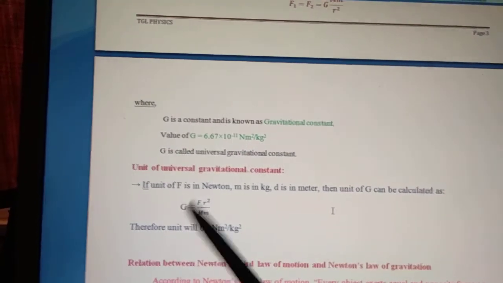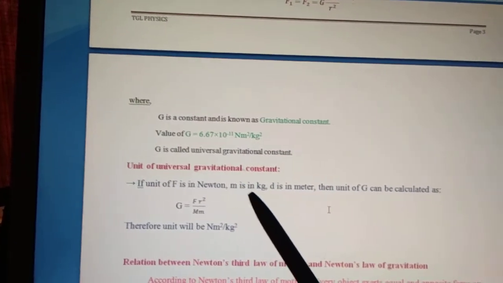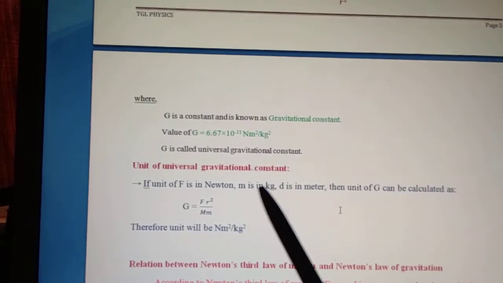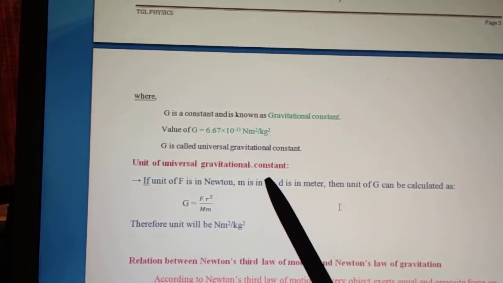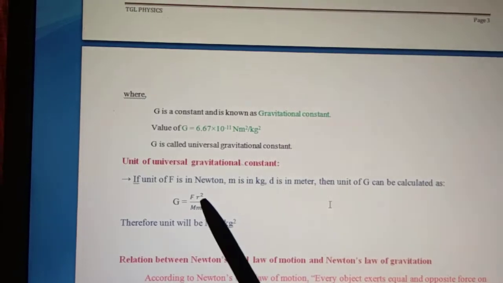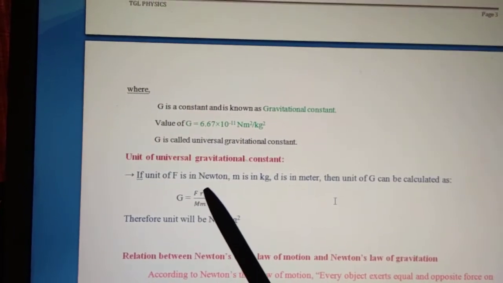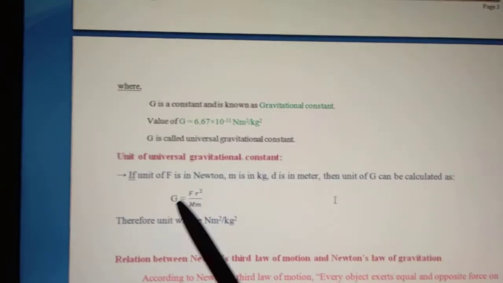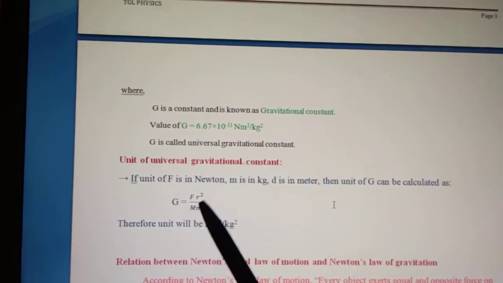If the unit of force is Newton, mass is in kg, and distance, instead of d I have taken r here, is in meter, then the unit of G is F r square divided by m into m.